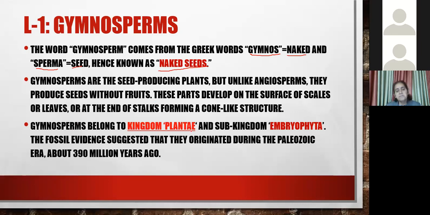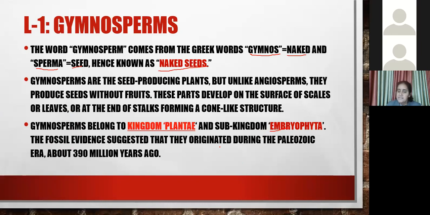Gymnosperms belong to kingdom Plantae and subkingdom Embryophyta. Embryophyta means they also form embryo. Embryos are formed from the bryophytic plants, also in pteridophytes and gymnosperm. The fossil evidence suggests that they originated during the Paleozoic era, about 390 million years ago.